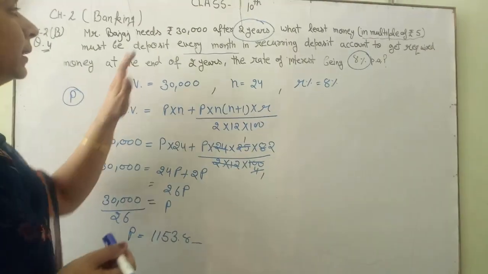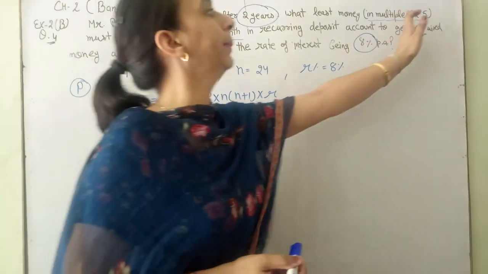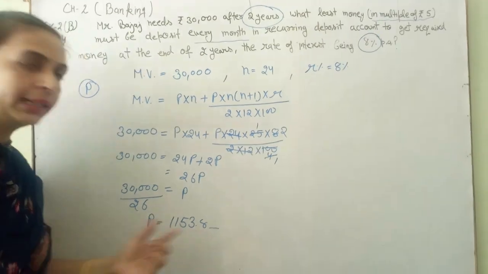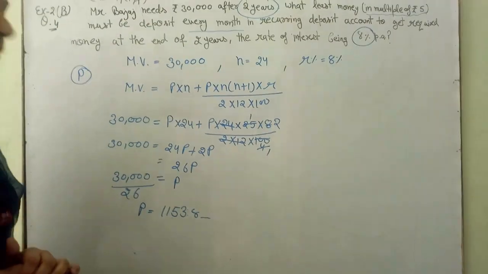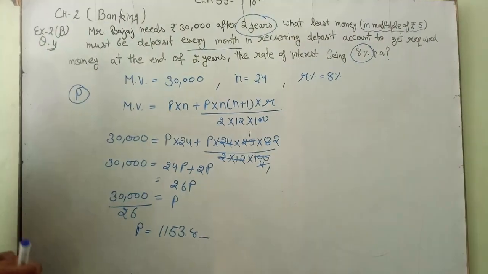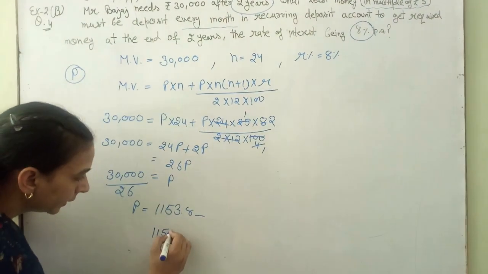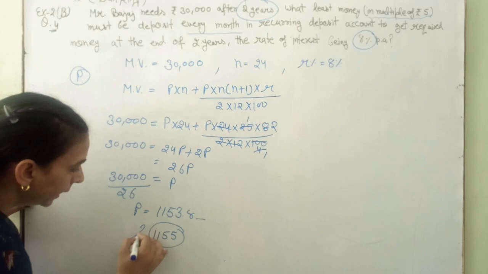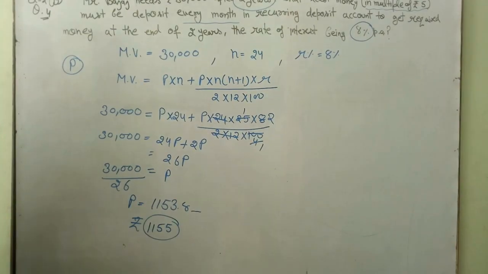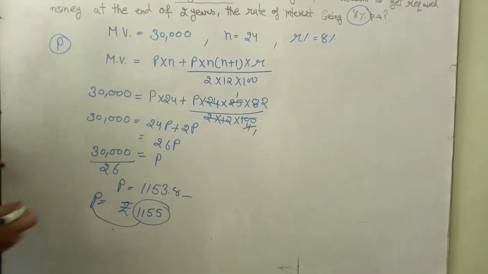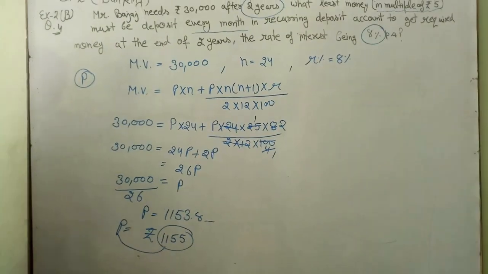We find the monthly installment in multiples of 5, but 1153.8 is not a multiple of 5. So for finding the multiple of 5, the next term is 1155. This rupees is a multiple of 5. So we take P equal to 1155.